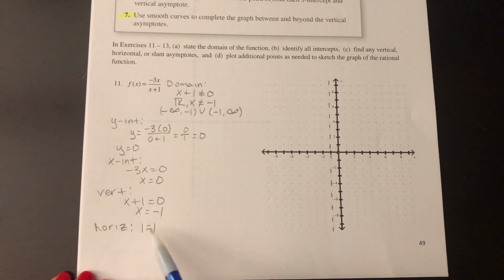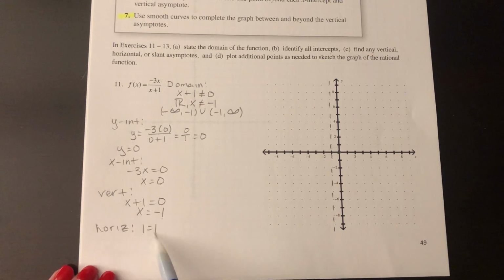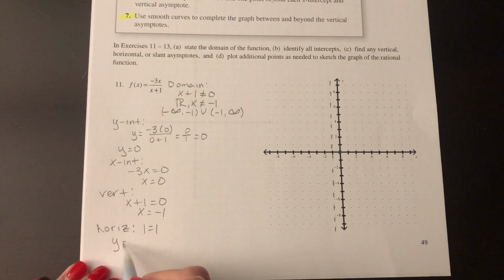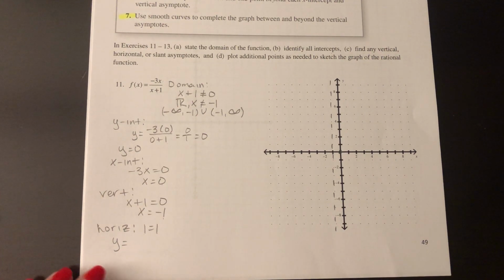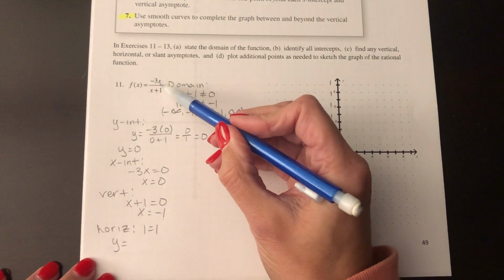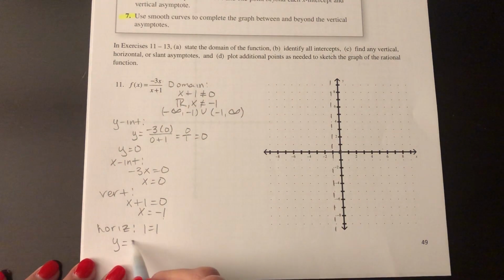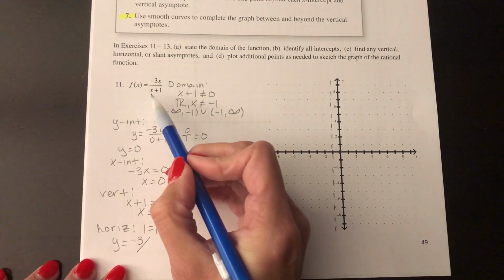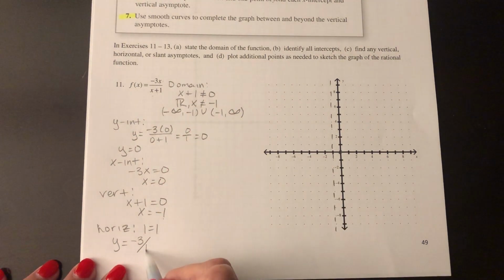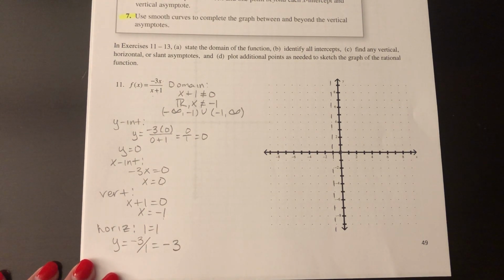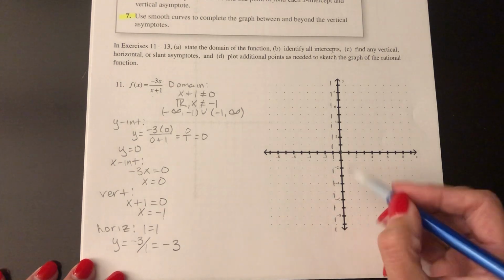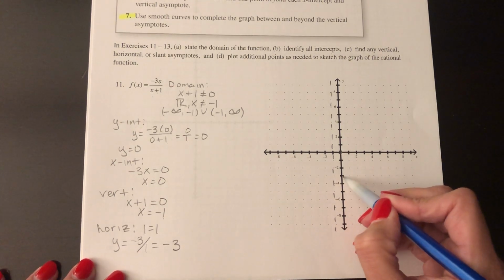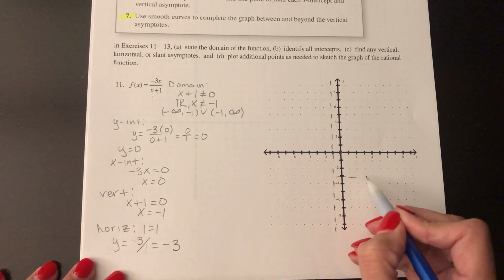So when the degrees are equal, numerator degree equals denominator degree, this is when you take the leading coefficients. So leading coefficient of the numerator is -3. Leading coefficient of the denominator is 1. So y equals -3 would be your horizontal asymptote. So we're going to go ahead and mark that.